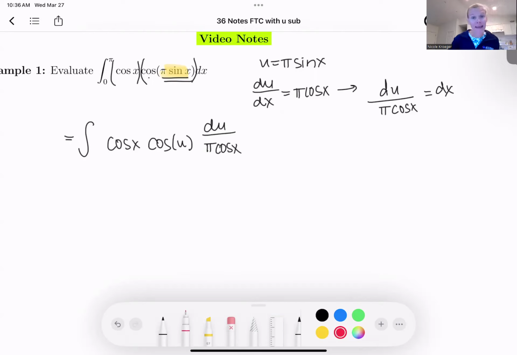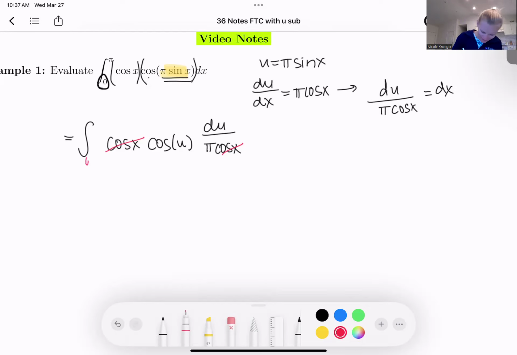Okay, this is a definite integral. It has bounds on it, so I need to include my bounds. The problem right now is that I have just rewritten the integral in terms of u. The cosine x's cancel out. So my bounds should really be u values.